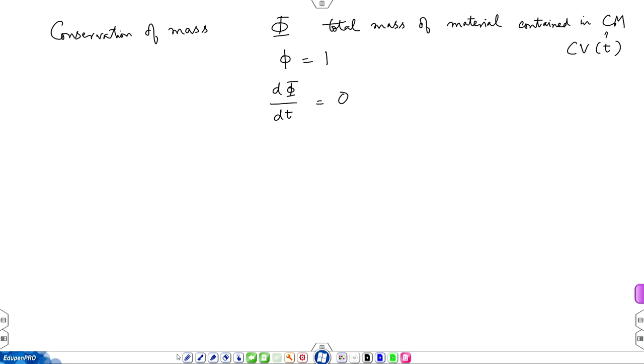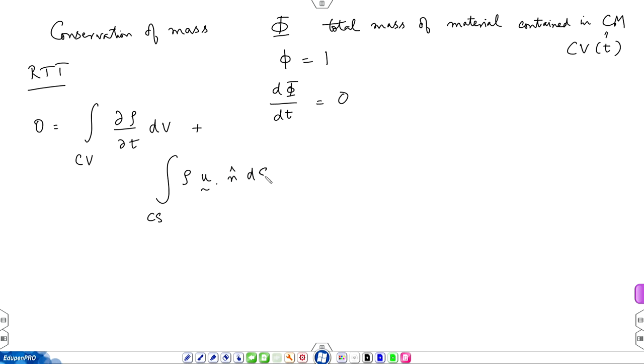Conservation of mass tells you it is 0. Okay. So, Reynolds transport theorem will give you 0 equal to integral over Cv plus integral over Cs rho u dot n ds. Okay. So, we have derived an equation for the conservation of mass principle.